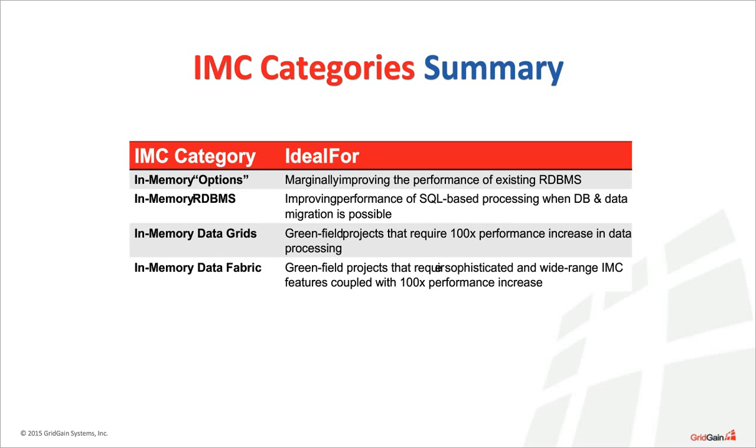Now, the data fabric is what I would recommend, though I would have my own bias, because it's based on data grids. Every in-memory data fabric has the data grid in it. It has the same performance benefits as a memory grid, but it gives you dramatically more functionality. And you don't want to pick a product that would require you to do a significant amount of refactoring and then at the same time lack certain features.